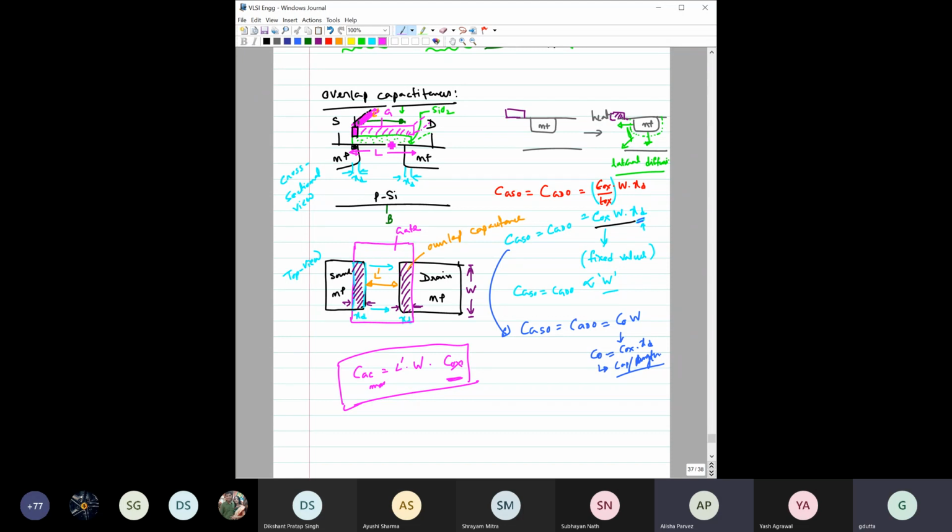Because we are considering this structure, always Cox. Now you have to also consider the area. This is the physical gate length L, but you know that the physical gate length will not be equal to the effective gate length, because you have to consider the overlap region. So overlap region you have to reduce. Without the overlap region, you have this L dash region. So it is basically L dash W into Cox.